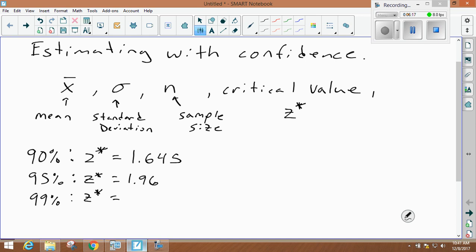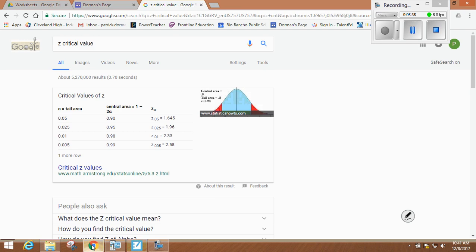The reason why they use 95% confidence is because you would want there to be only about a 5% chance that that result would happen just randomly. All right? And at 99% confidence, we will use 2.5.